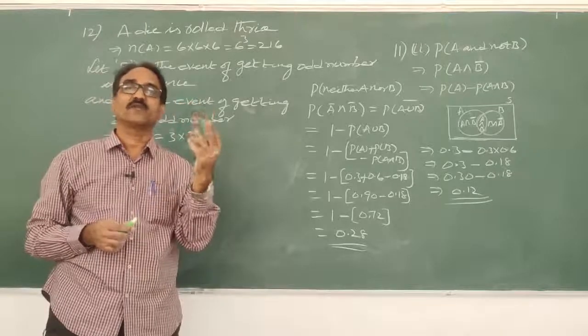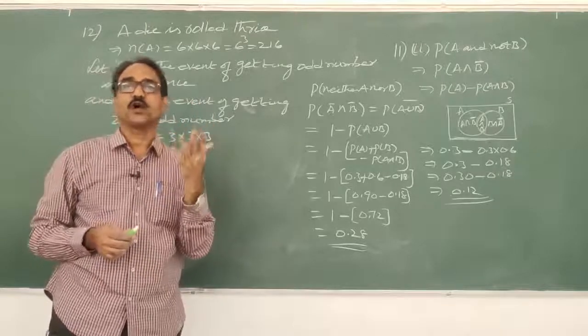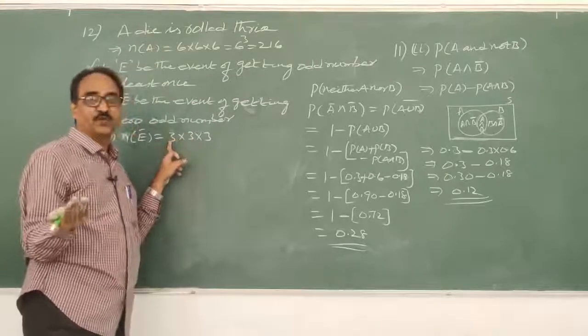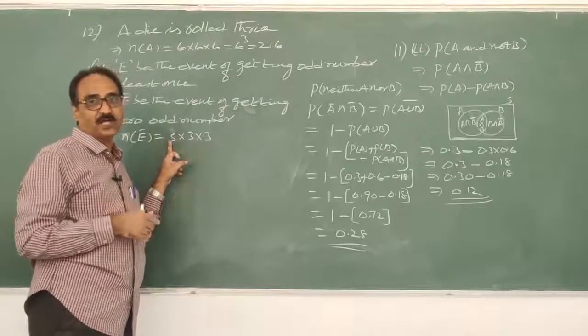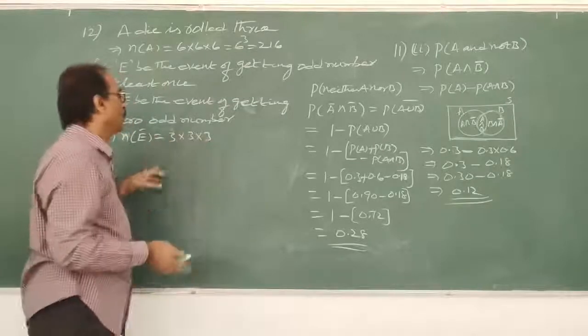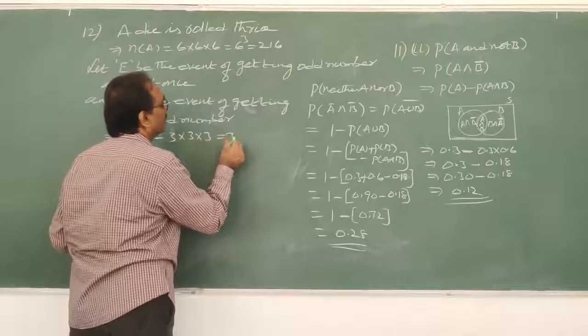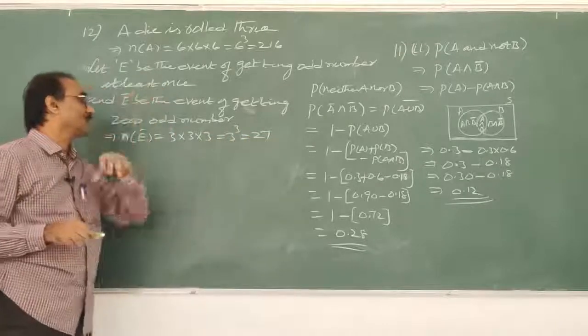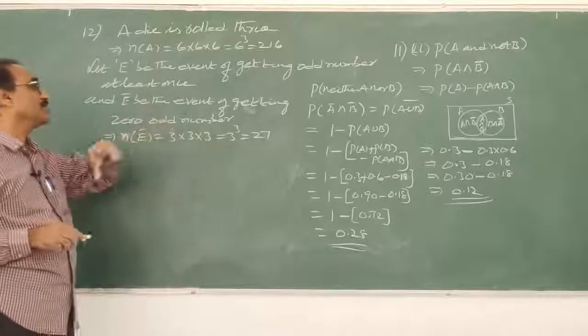How many odd numbers are there? 3. So 0 odd numbers means 3 even numbers. First time 3, second time also the same, third time also the same. So 3 into 3 into 3 is 3 cube, which is 27.